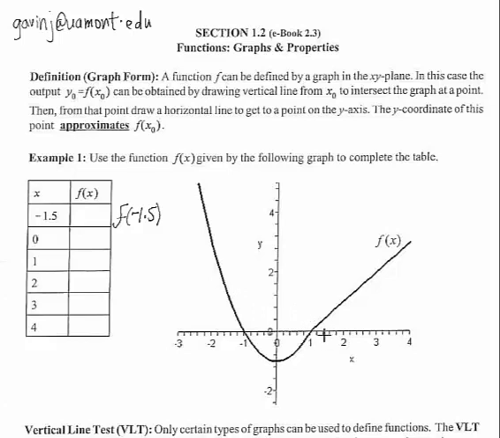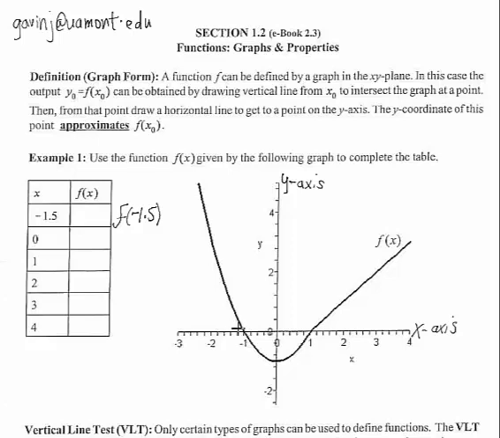The horizontal axis is my x-axis, and this is where I locate the number negative 1.5, and of course the vertical axis is my y-axis. This is where I'm going to read the value for my f of x for whatever the particular x value is. So negative 1.5, we are located to the left of the origin.